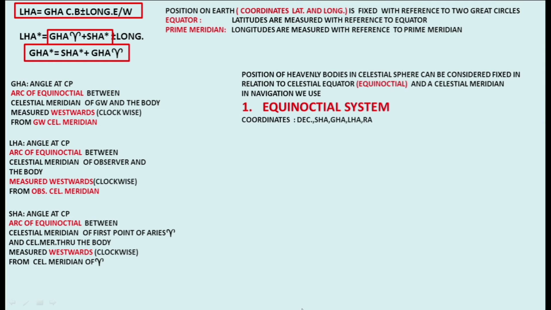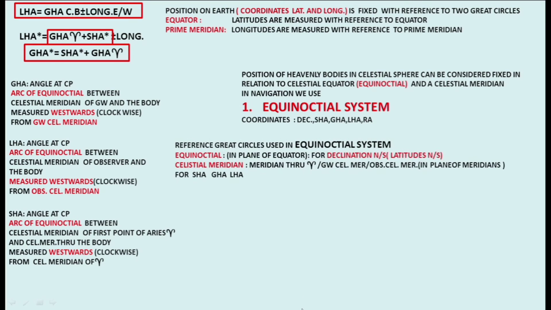On the celestial sphere, we have different systems to fix the position of a heavenly body. The equinoctial system has the great circles of reference as the equinoctial and the celestial meridian.